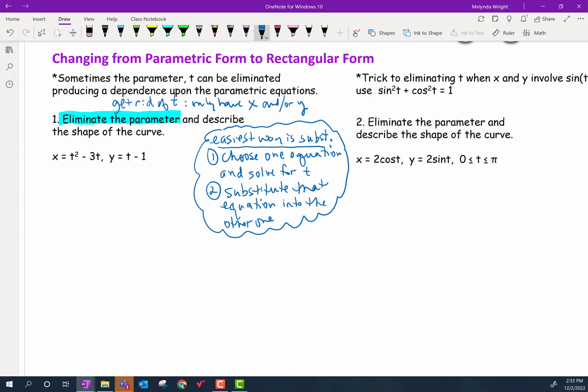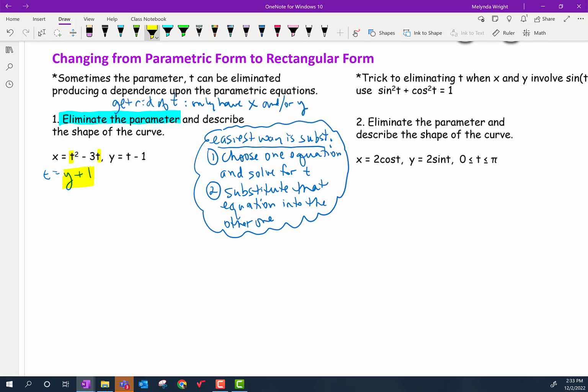Let's see, I'm going to take the y one and solve that for t. So t is going to be, I'll move the 1 over, y plus 1. Now I'm going to take this y plus 1 and substitute it into the other equation for the t's.